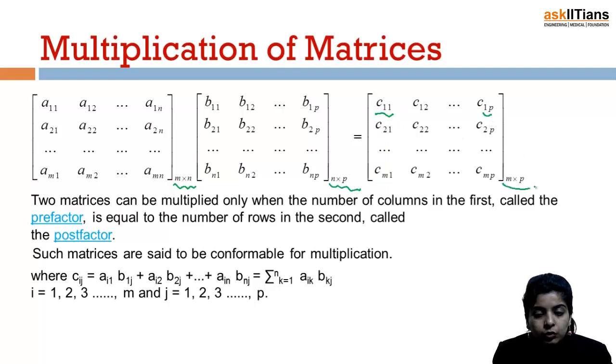So first of all, what you need to note is the order of the matrices. Whenever you try to multiply two matrices, you need to check that the internal dimensions of both the matrices should be the same. What do we mean by internal dimensions?